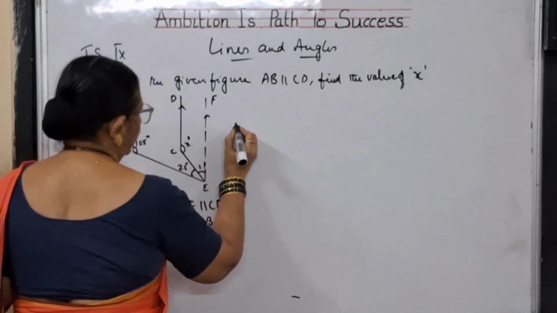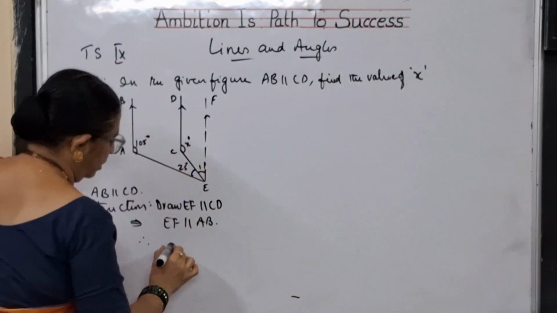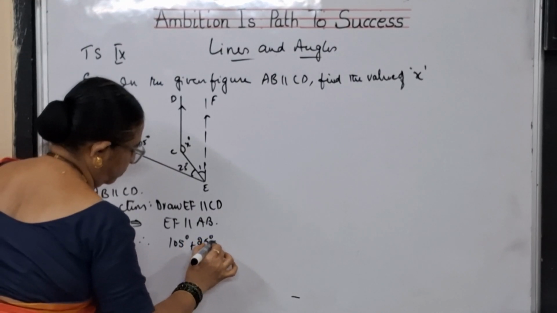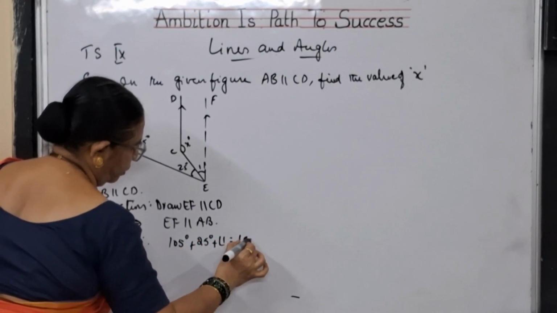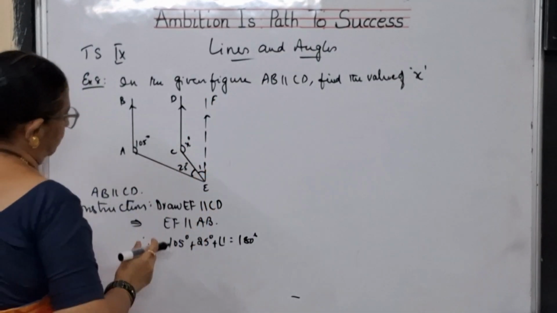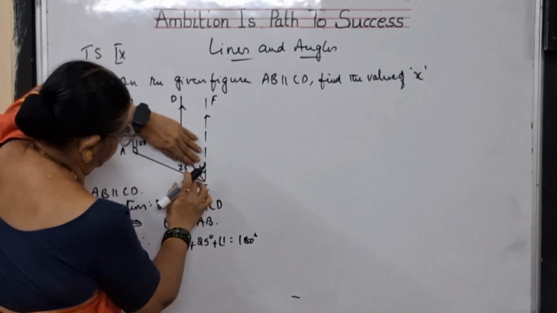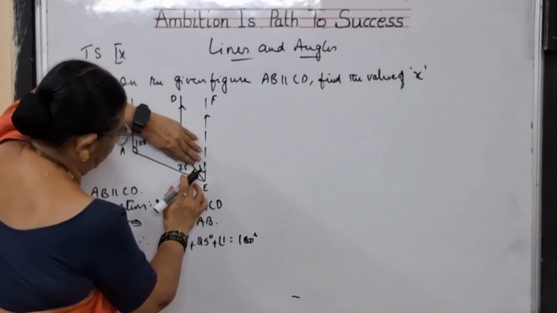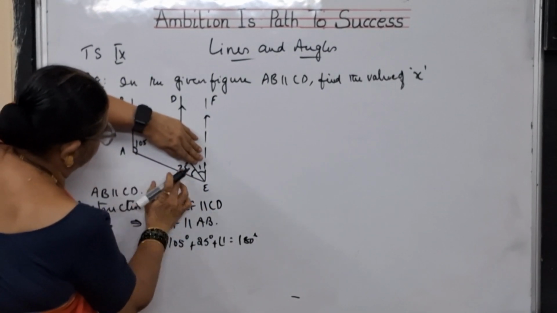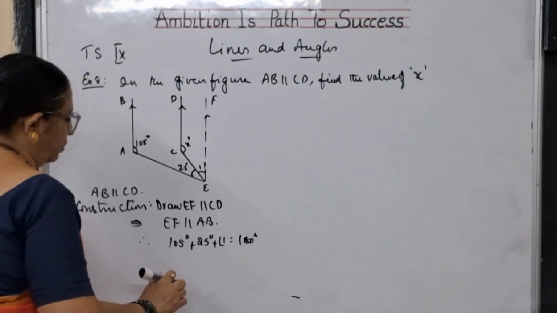Therefore, 105 degrees plus 25 degrees plus angle 1 is equal to 180 degrees. This is 105 degrees, this is the line, the transversal. Then these are interior angles on the same side of the transversal. 105 and 25 plus 1 will be interior angles on the same side of the transversal.